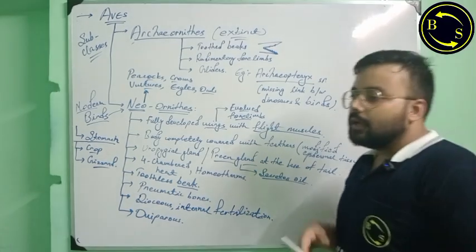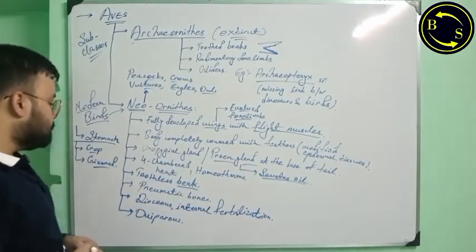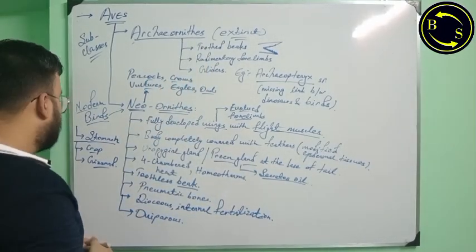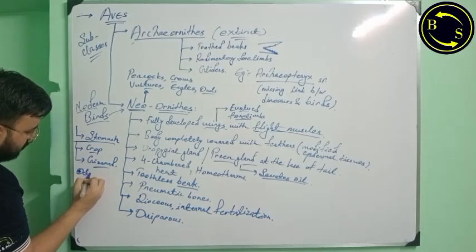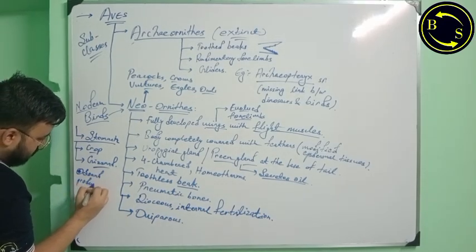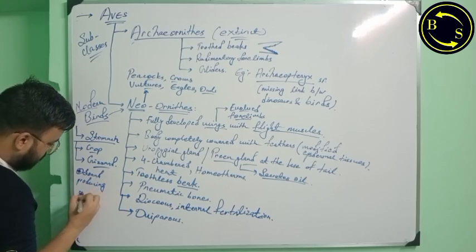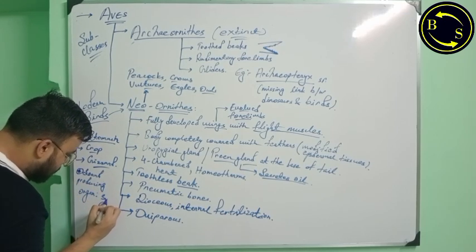Also, they have a sound producing organ in their throat, in their trachea, known as a syrinx.